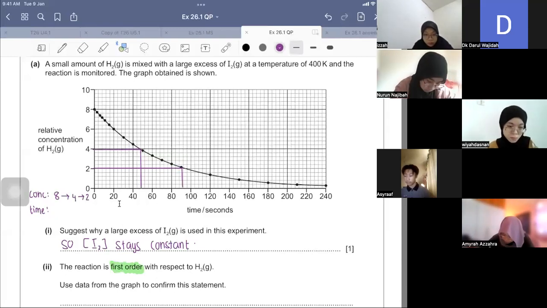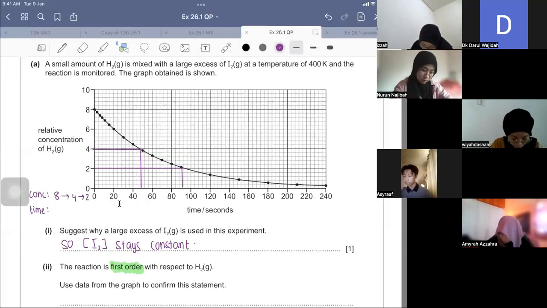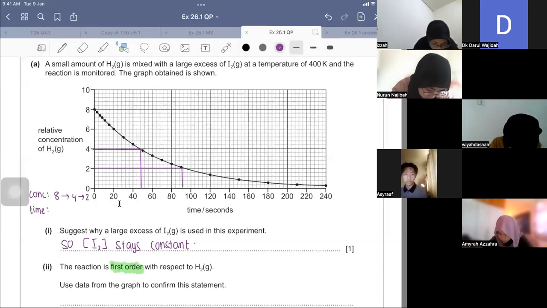I need my calculator. So that looks like around 47, 49, 48.